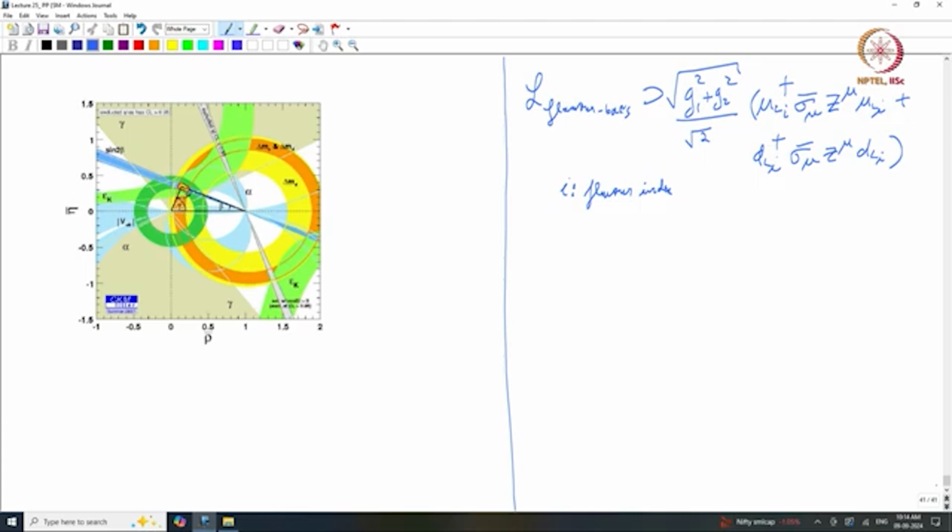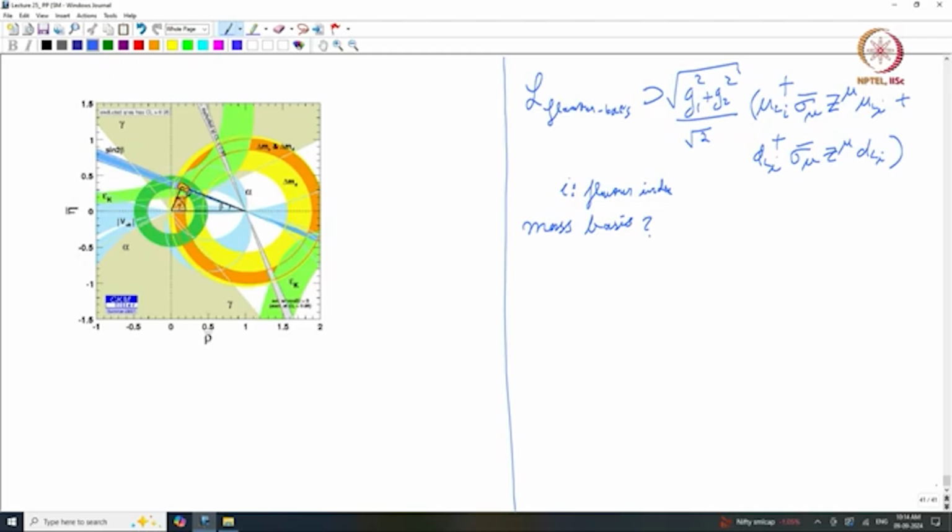There are no flavor flips here. That is what we saw with the W boson also, right? The first generation interacts with the first generation in the interaction basis. The interesting thing is what happens in the mass basis. That is what led us to the CKM matrix, correct?